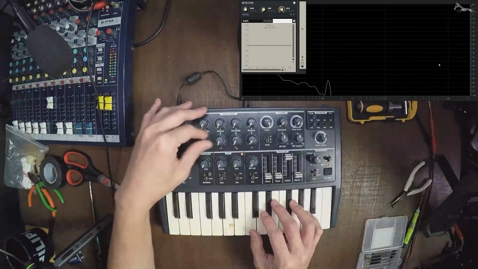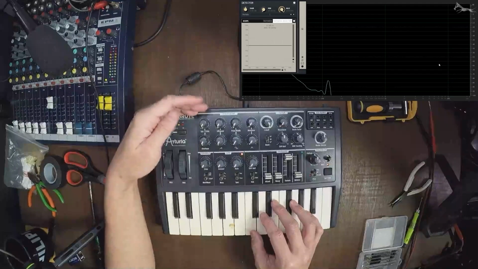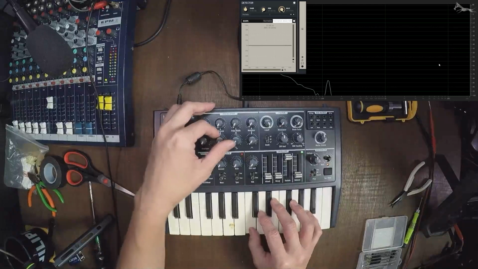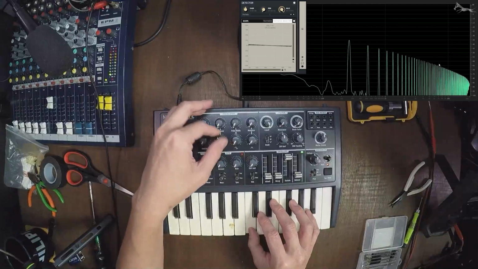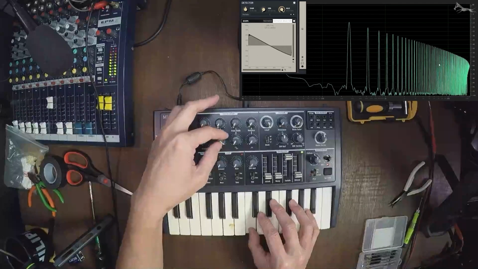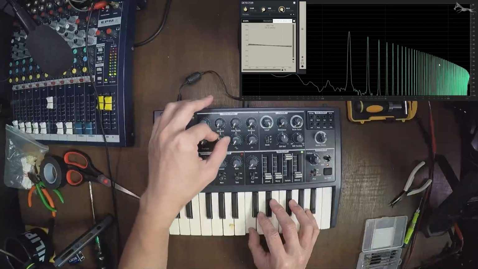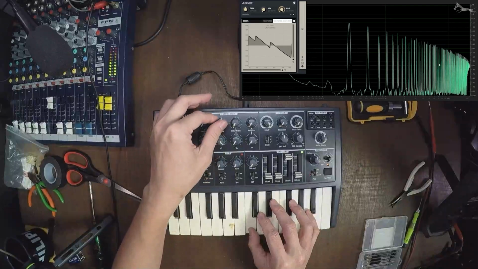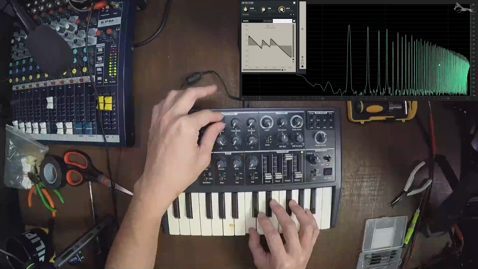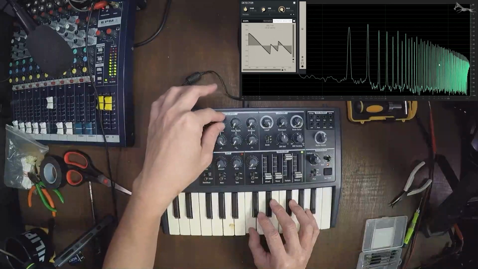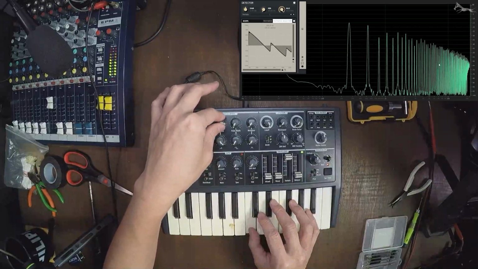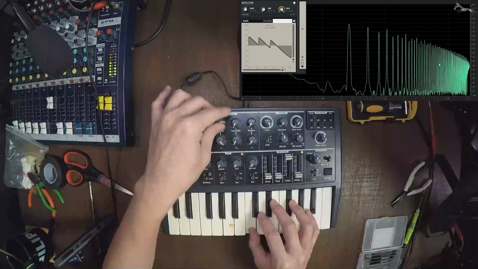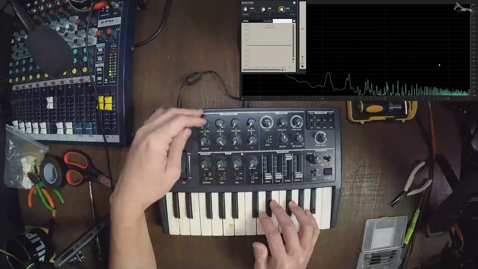That's a good thing. So I think cleaning really did help. I'm gonna try the sawtooth. Okay, cool.